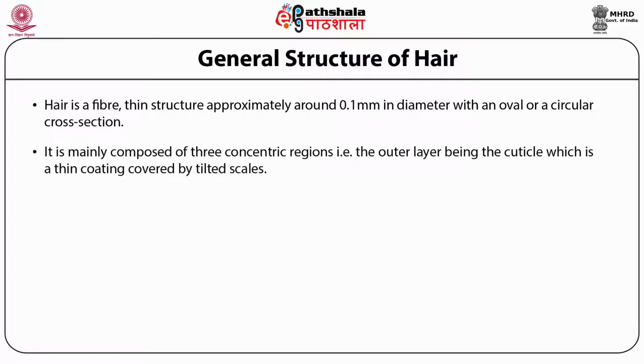Hair is mainly composed of three concentric regions. The outer layer is the cuticle, which is a thin coating covered by tiny scales.